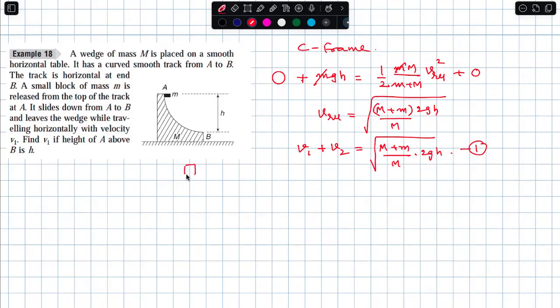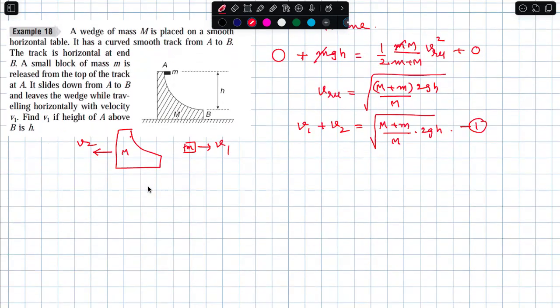Momentum is conserved. When small m has a velocity v1 in this direction, the wedge, whose mass is capital M, will have velocity v2. Only in this condition, when both the velocities are horizontal, can you apply the law of conservation of linear momentum. Else you cannot conserve. Why?